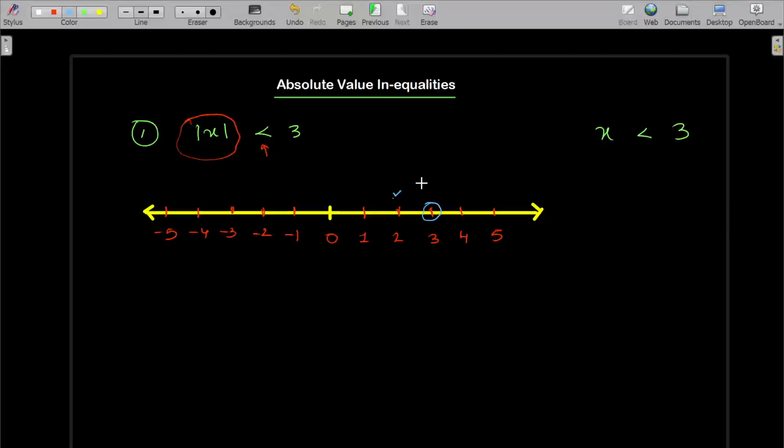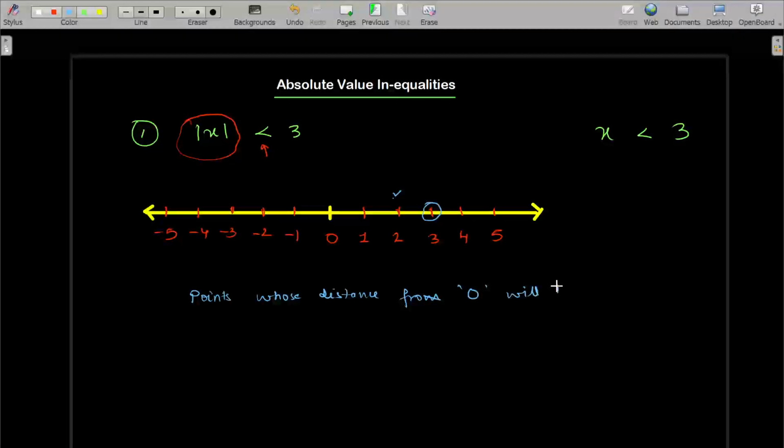So tell me all the points like this whose distance from 0 will be less than 3. I'm waiting.